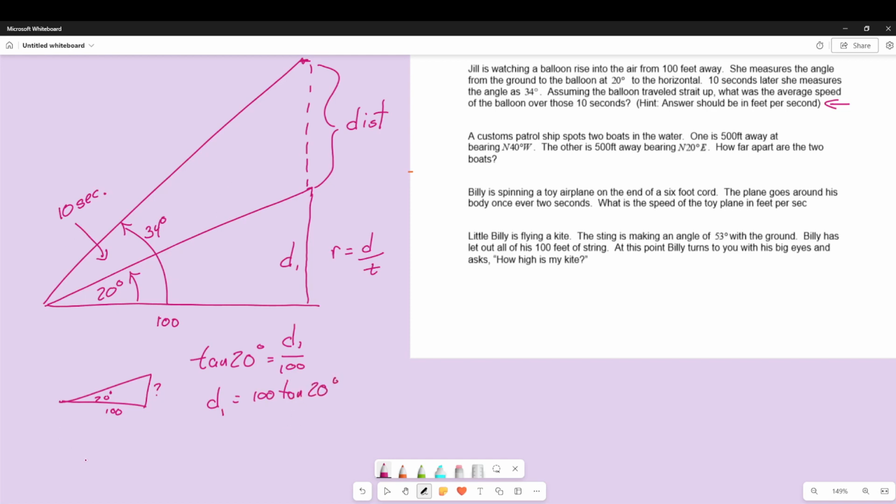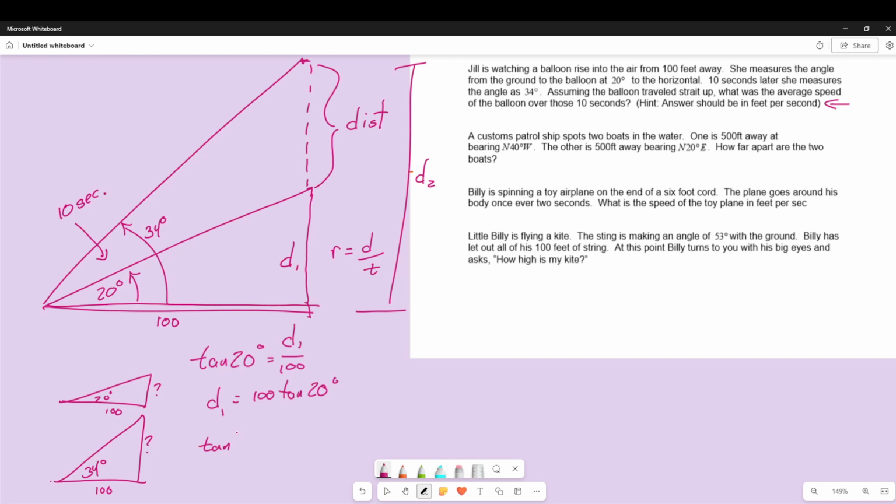Then the other triangle, the larger triangle, is 34 degrees, but it's still 100 feet on that adjacent side. We just want to know what this other side length is, which we're going to call D2. But again, it's the same setup.